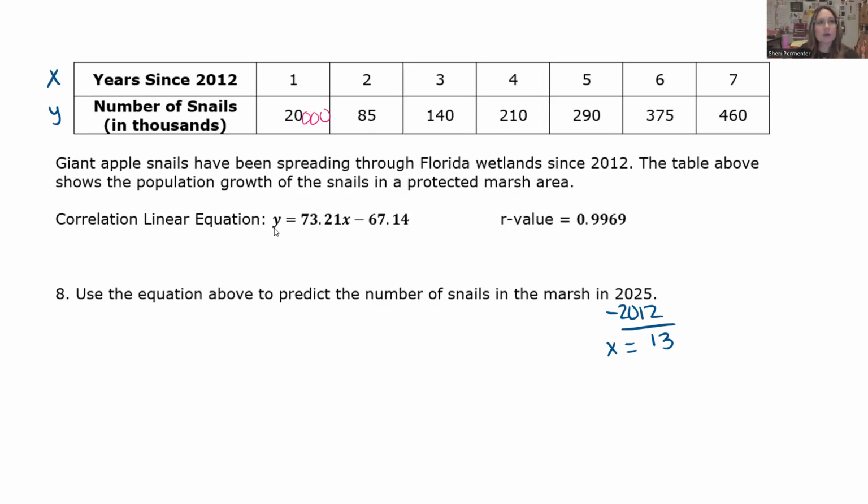So I'm going to use this equation, and there's a little gap in your quiz as well right here where you can write it out. So I'm going to write out my equation, and I'm going to plug in X is equal to 13. So Y equals 73.21, and then I'm going to plug in, this is where I'm plugging in 13.